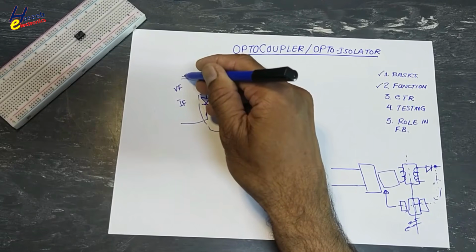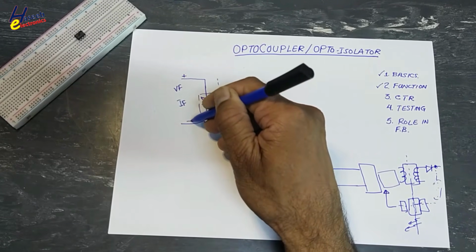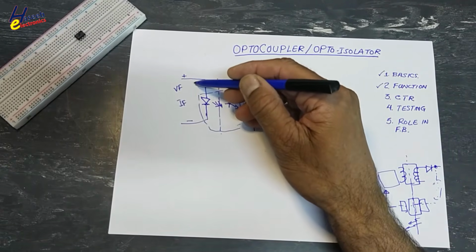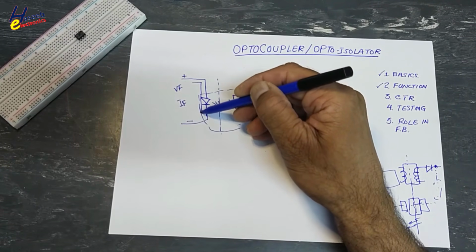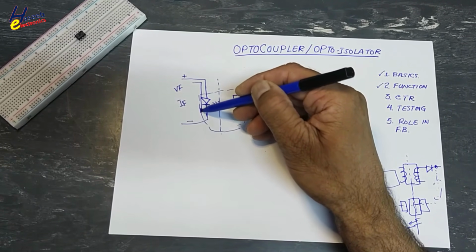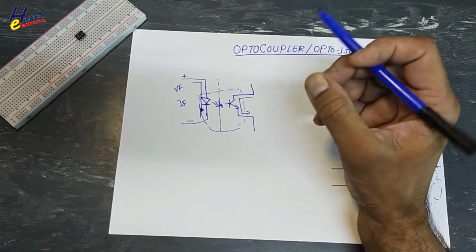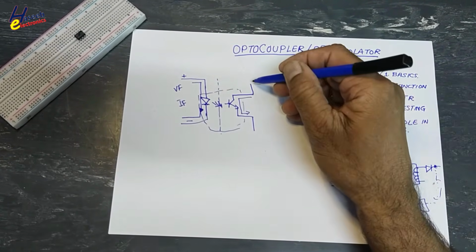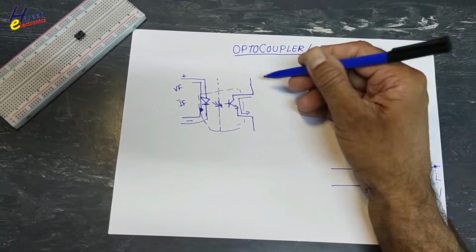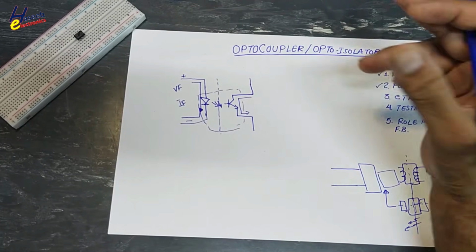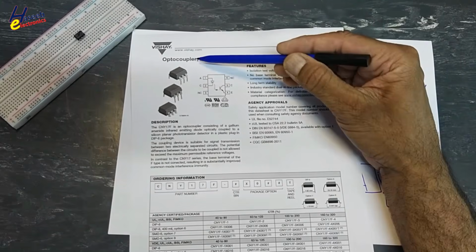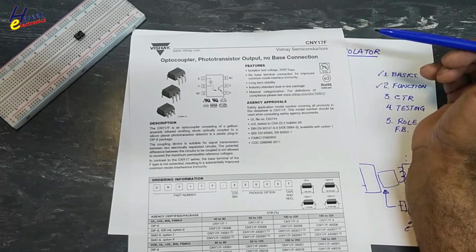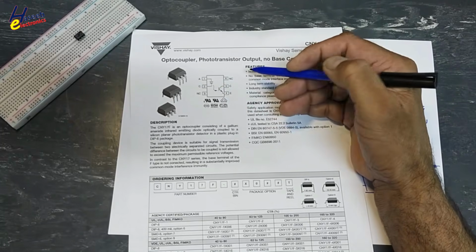When this line is connected to positive voltage and this is connected to the negative battery side or any power supply, it will allow current. How much current will flow in this path? That is a big question mark. Then this circuit is connected to any feedback loop, any circuit. Optocoupler, phototransistor output, no base connection, 6-pin IC.